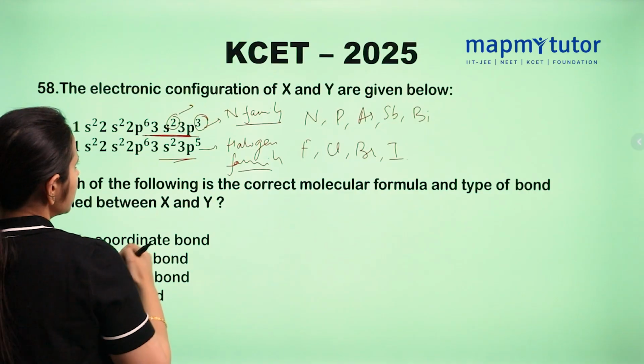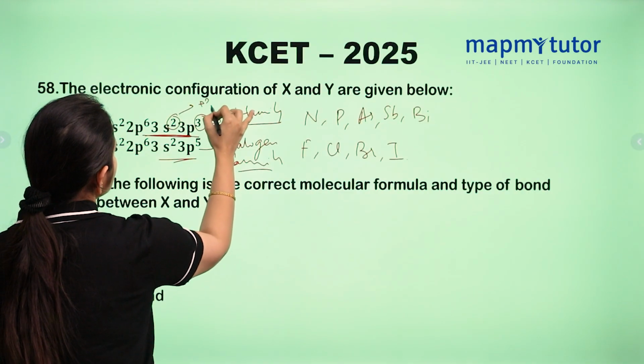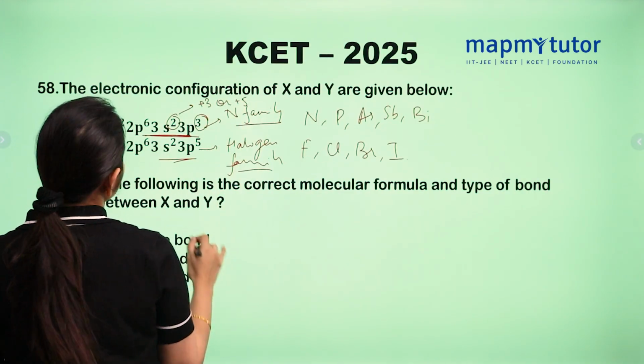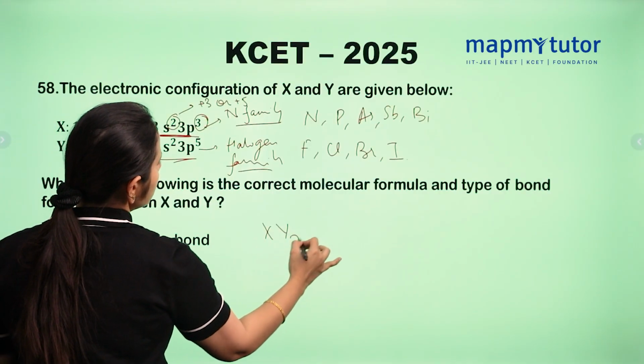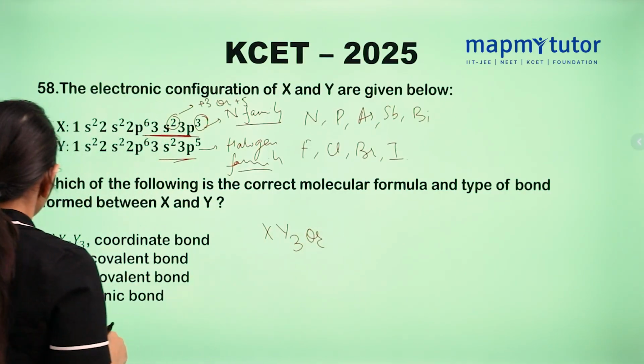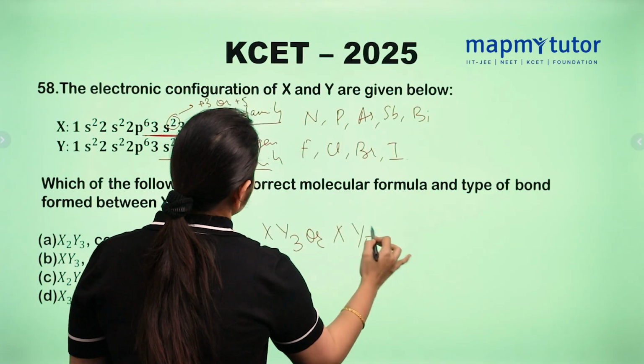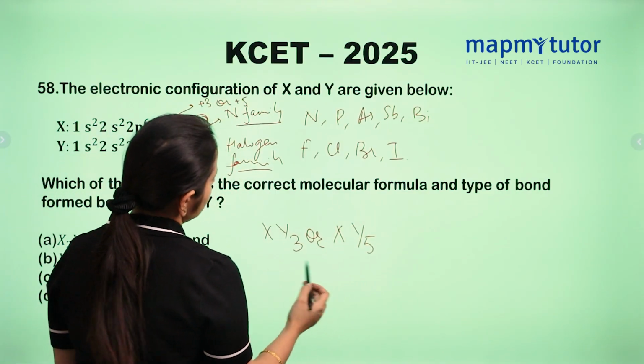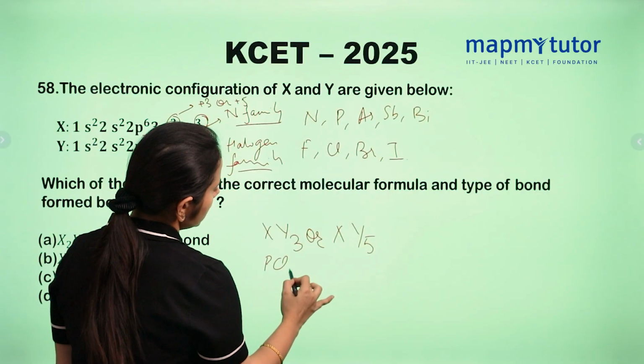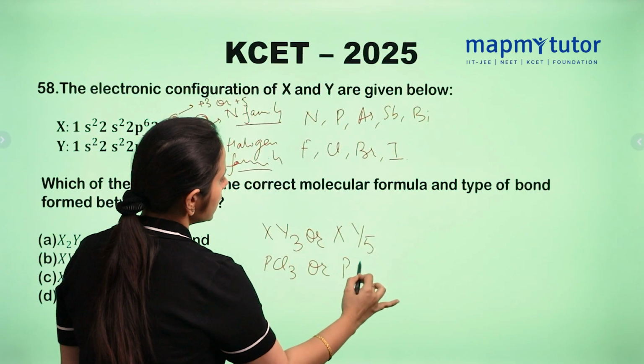So it will be either plus 3 or plus 5. So it can form either an XY3 or an XY5 compound, like PCl3 or PCl5.